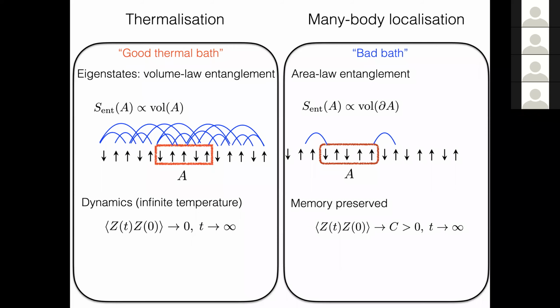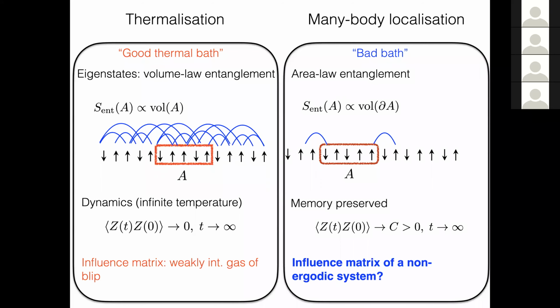While in a thermalizing phase, you forget the initial state and this decays to zero. And that's exactly what we would capture with the influence matrix approach.